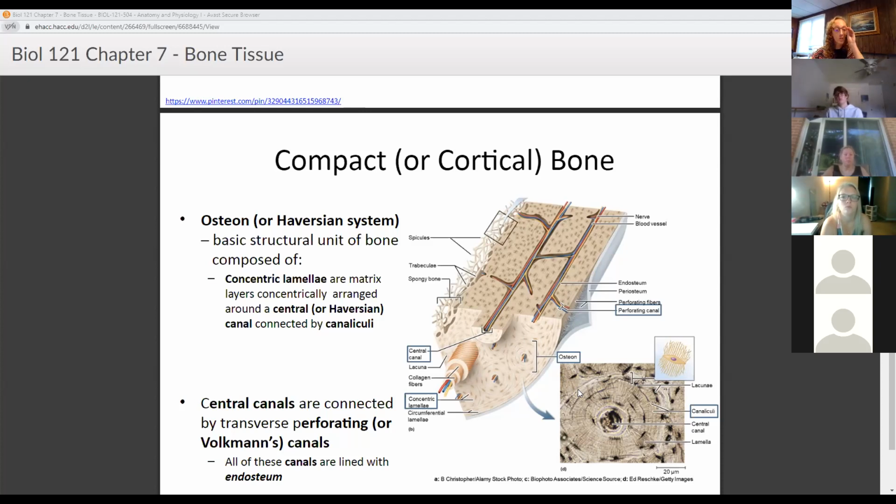The central canals are connected to one another by perforating or Volkmann's canals. All of these canals, the central canals and the perforating Volkmann's canals, are lined with endosteum, just like the inner cancellous spongy bone is lined with endosteum.